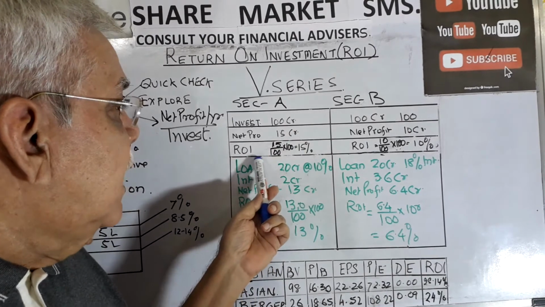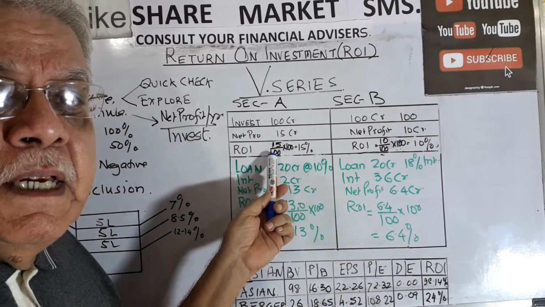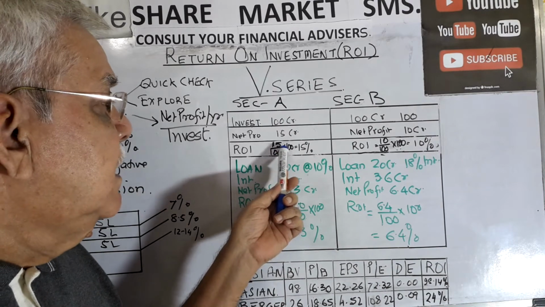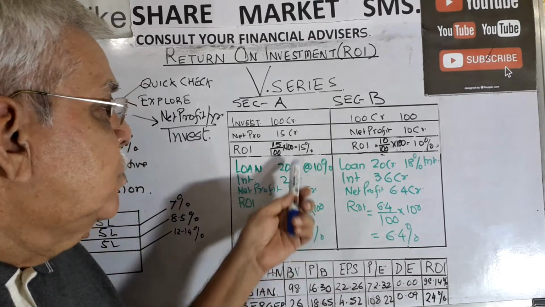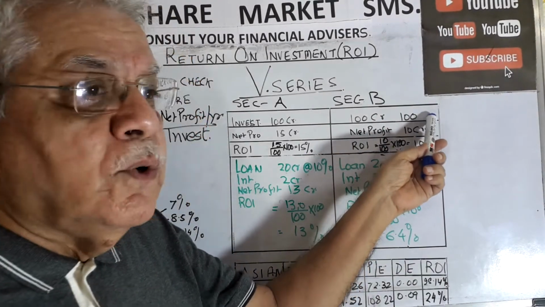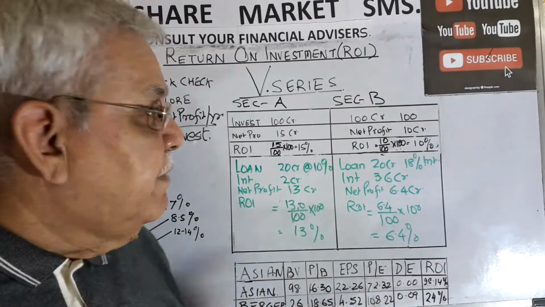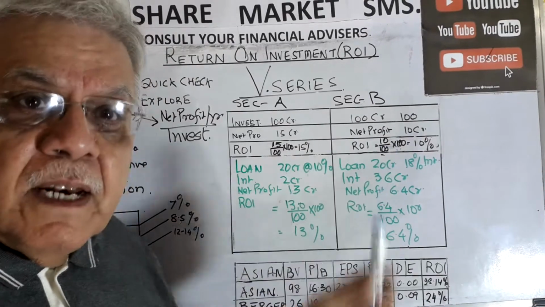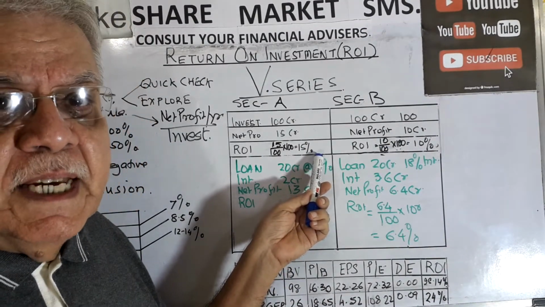So we say that ROI will be net profit divided by the total amount invested, into 100 to take out the percentage. So 15% is the ROI, and in another case, 100 crore investment, 10 crore profit, and ROI is 10%. Friends, in this case we can clearly make out that we need to invest in this company or in this sector.